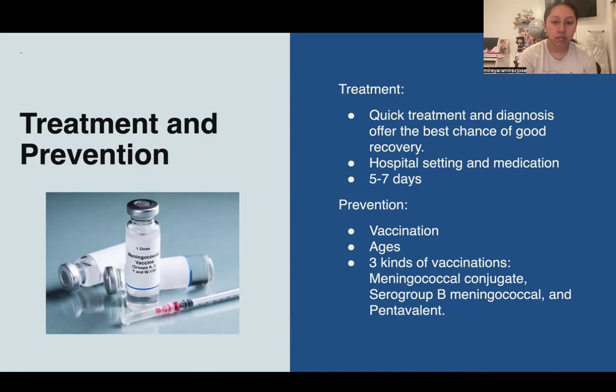There are three different types of vaccines since there are different strains of meningitis: the meningococcal conjugate, the serogroup B meningococcal, and the pentavalent. Vaccination is recommended pretty much when you're a teenager, and they start to recommend different vaccines based on the strains that are more prevalent at the time.